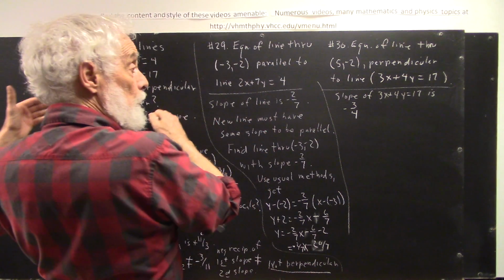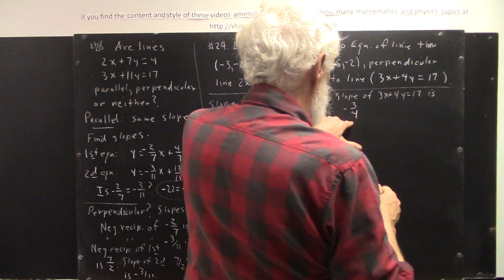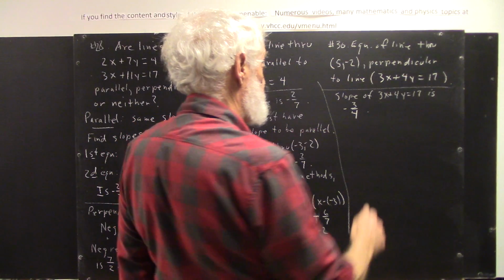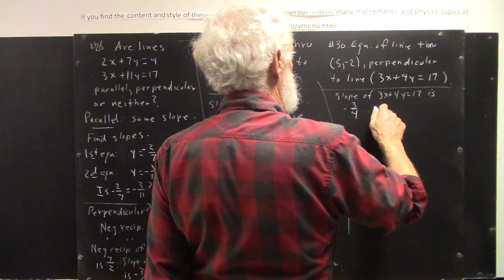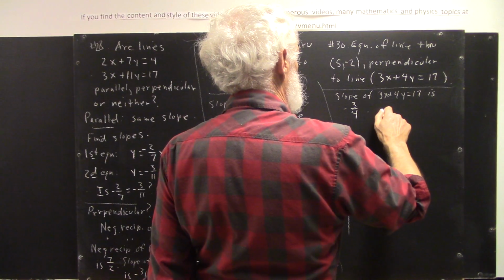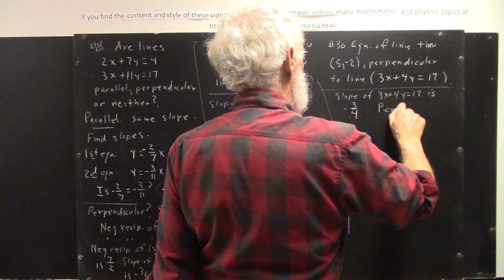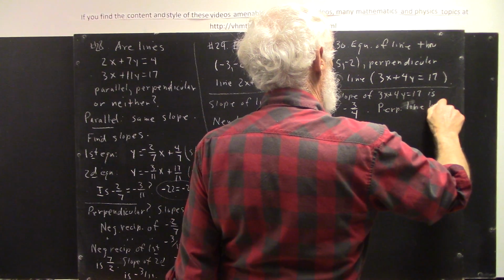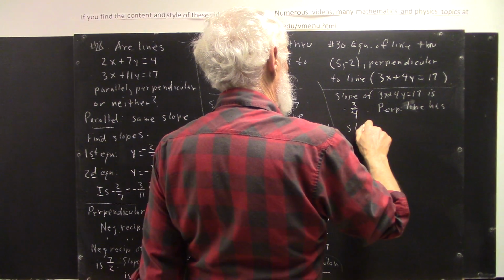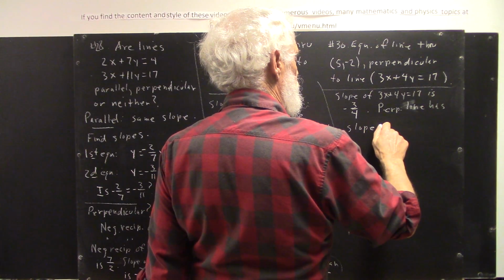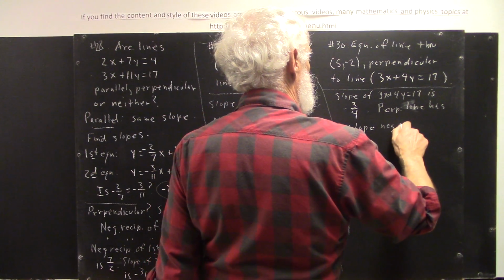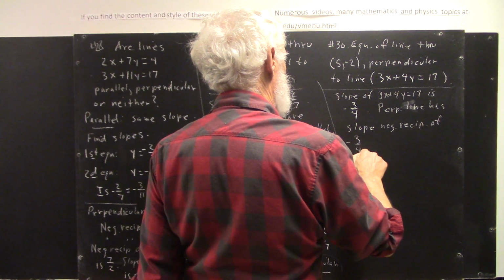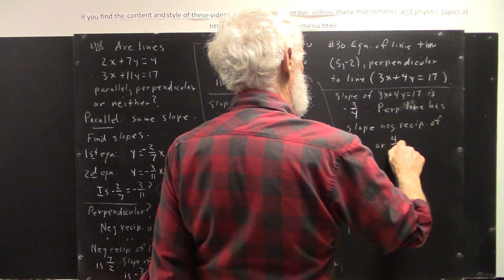That is the slope of this equation, as you can verify if you solve for y. So a perpendicular line then has slope the negative reciprocal of negative 3/4, or 4/3.